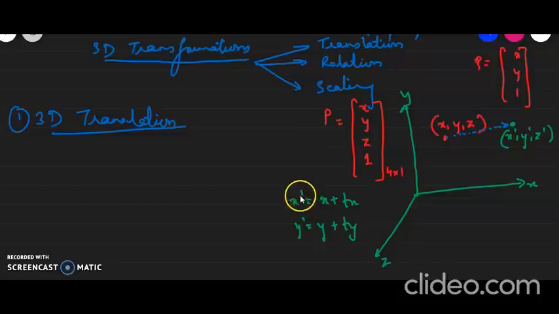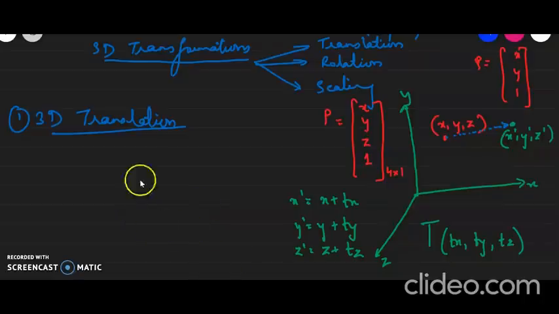This is what we know in 2D. Now in 3D, I will also add z dash is equal to z plus tz. So one more translation vector added, that is tz. So now my translation matrix will have tx, ty, and tz. So three translation vectors out here.